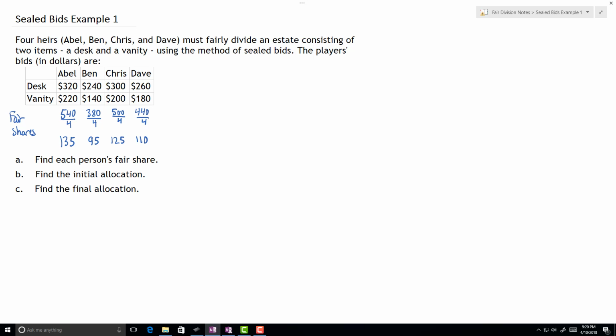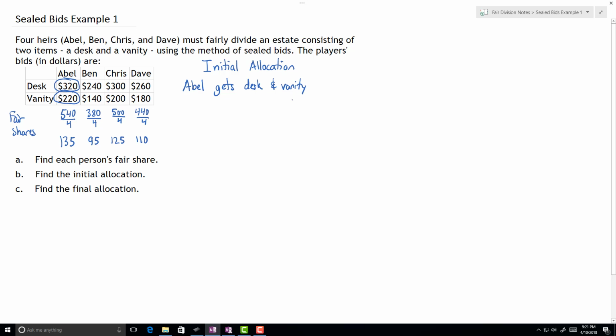So if we look here at the desk, 320, 240, 300, 260, Abel wins the desk. Now the vanity, 220, 140, 200, 180. Abel actually wins the vanity. So in our initial allocation, Abel gets both items, the desk and the vanity.